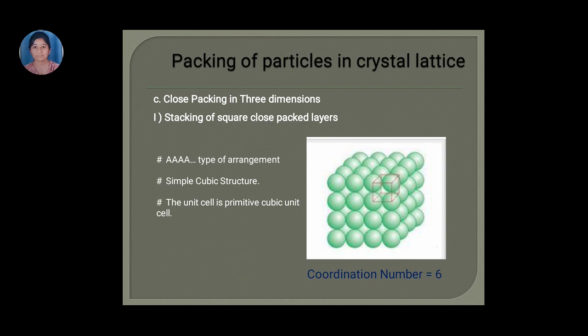Such an arrangement of atoms is called AAAA type of arrangement, because all the atoms are arranged in a similar manner. One atom is placed over the other, over the other, over the other. And also in a row and a column, the type of arrangement is the same. That is why this type of arrangement is called AAA type of arrangement.